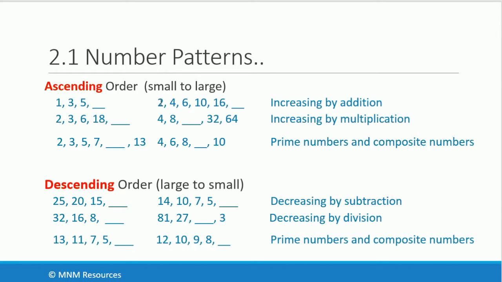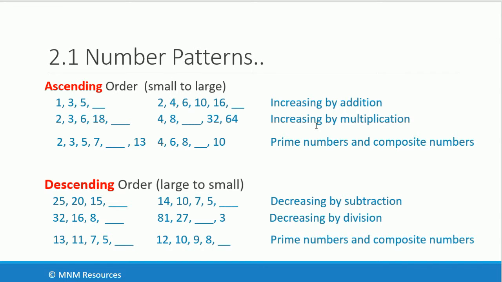So 4 plus 2 gives you 6, and 6 plus 4 gives you 10, and 10 plus 6 gives you 16. So what will be the next number? The next number will be 16 plus 10, which is 26. So this is another example of a pattern you can observe where the number increases by addition.